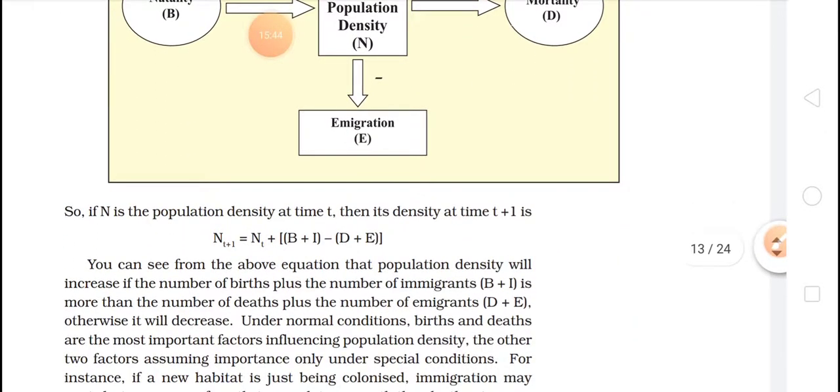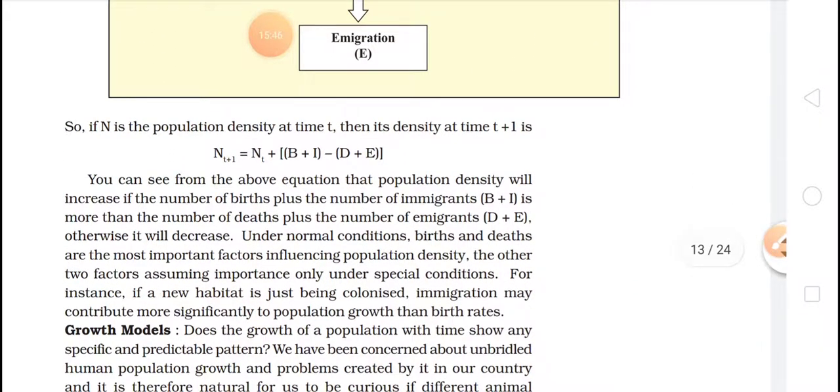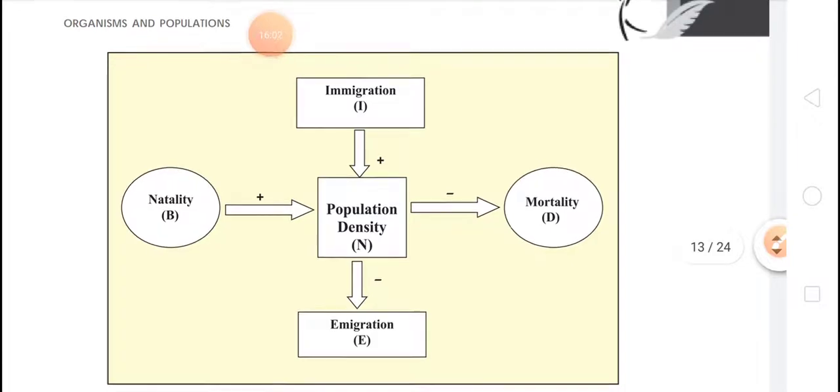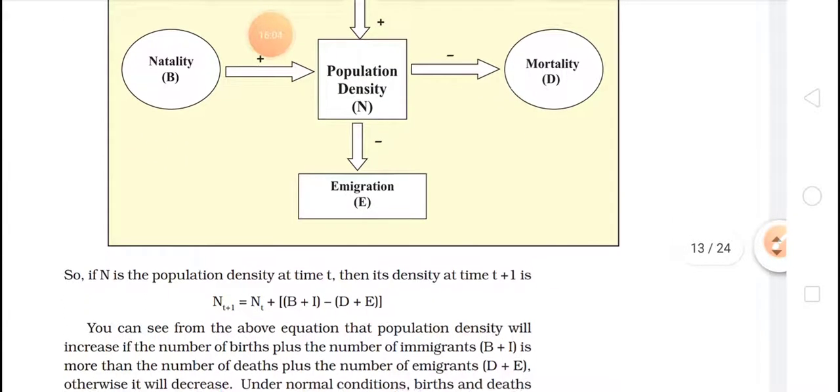Understood these things? So if we want to calculate population density, it is given by Nt+1, where t is the time period, equals Nt plus B plus I minus D minus E. That is natality plus immigration minus death rate, that is mortality, and emigration.